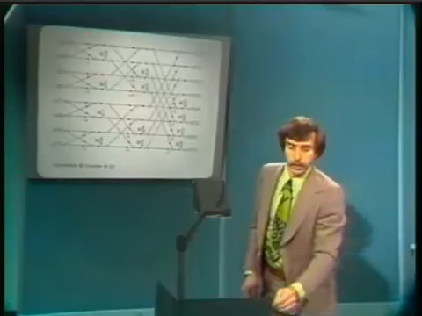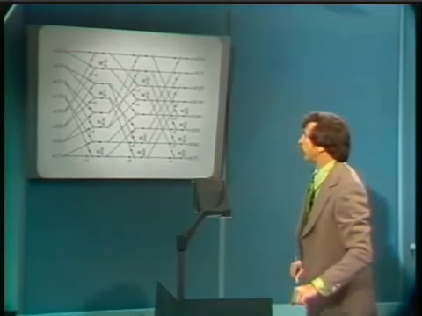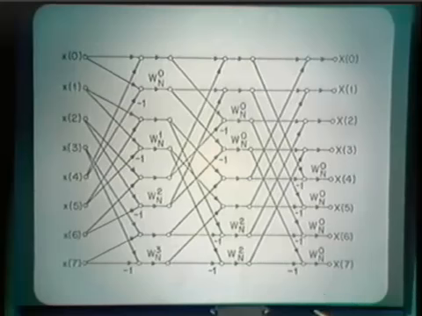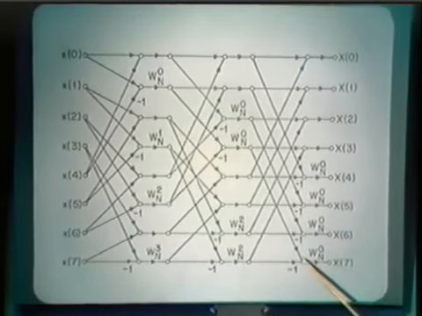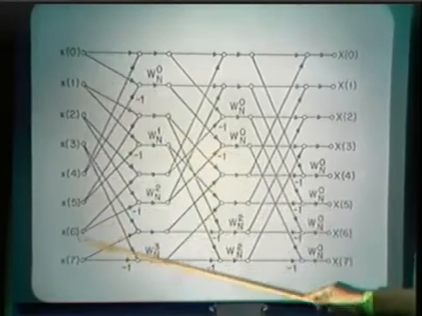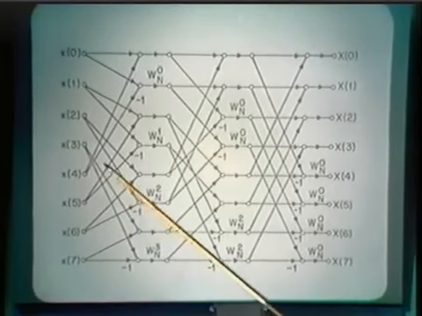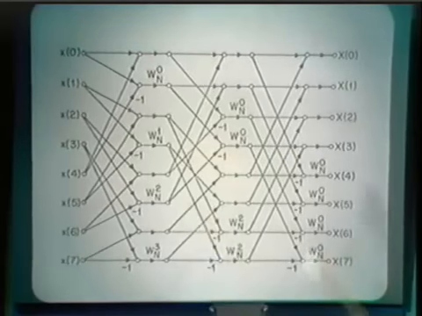normal order, and the flow graph that results when we implement that is similar to the corresponding decimation in time flow graph. In fact, it is a transposition of that flow graph. And just as we found in the decimation in time algorithm, for this case, although the input is sorted in normal order and the output comes out in normal order, the indexing is generally complicated as we proceed from stage to stage.